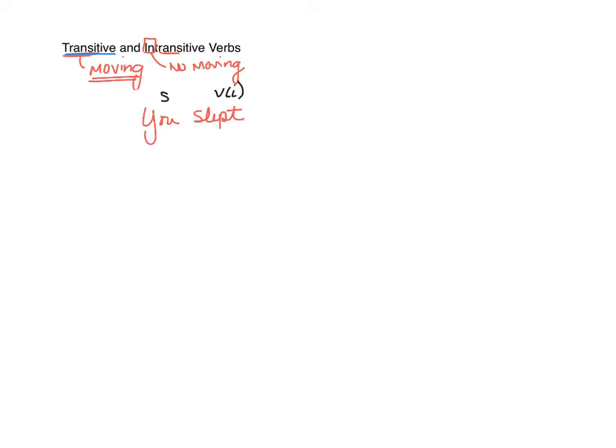So sometimes you will see that as a VI, sometimes you will see that as a V with an I in parentheses, sometimes they will just say intransitive. But what that means is this is an independent verb. So that's how I remember it, that the I in intransitive, I think of it as meaning independent.